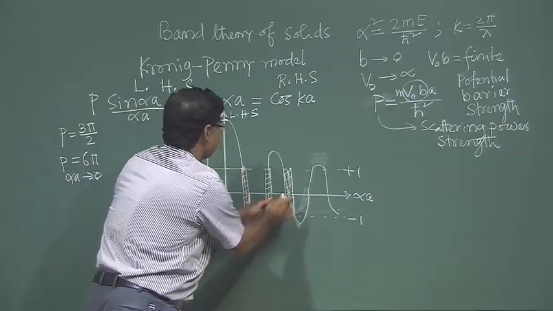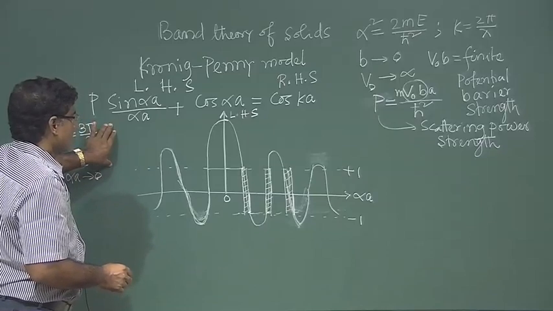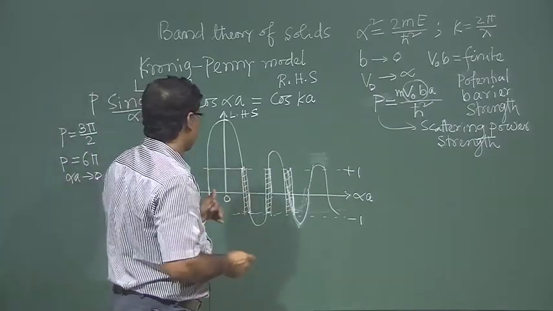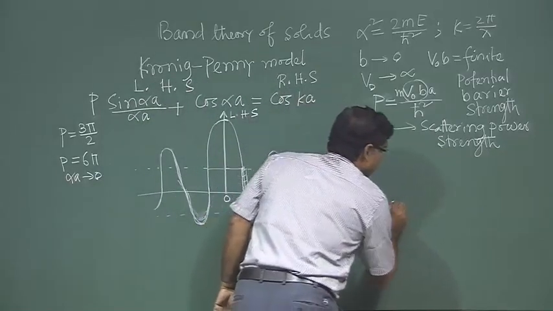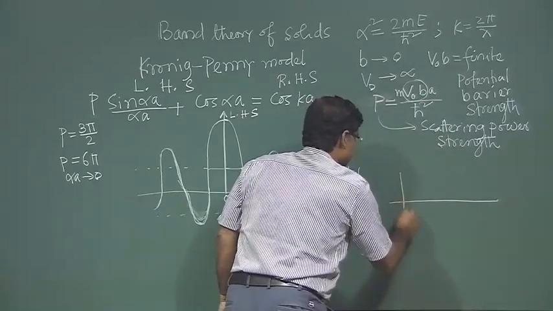So, for alpha a, we will get basically this type of pattern.